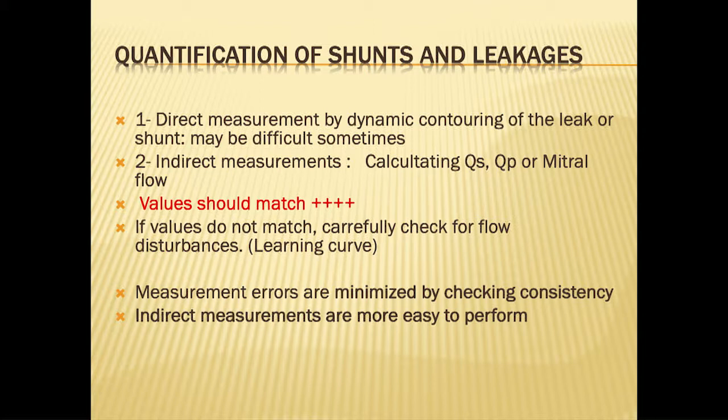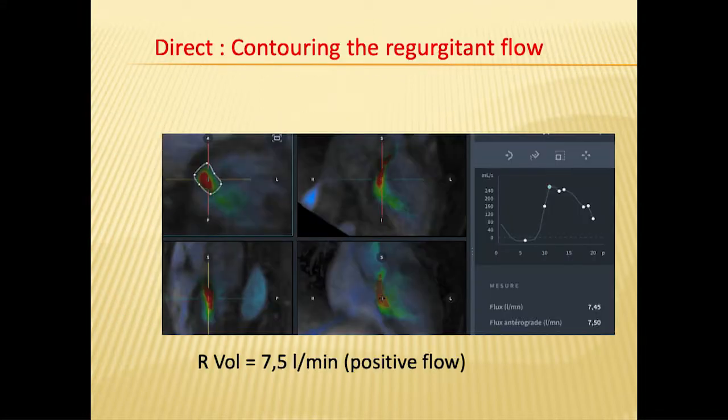But some cases are very difficult, and in this case I rely on indirect measurements. Let's see an example of aortic regurgitation. You contour the leak.